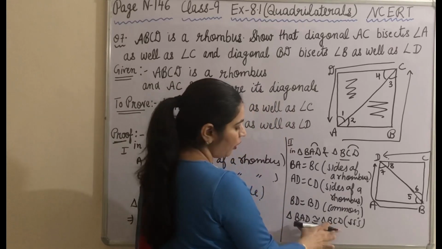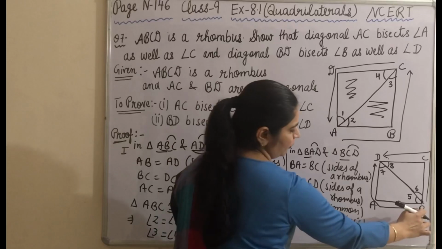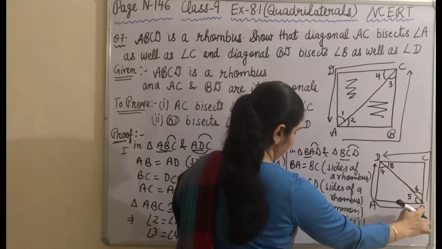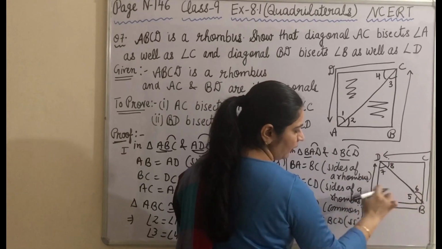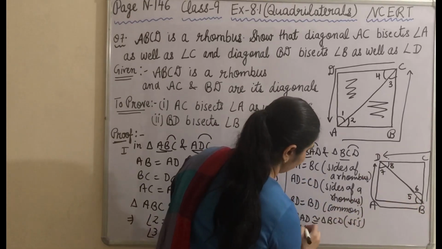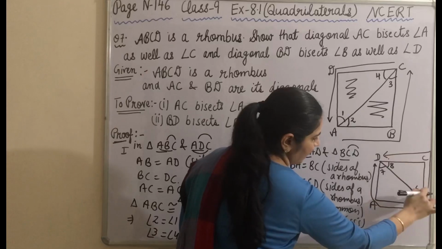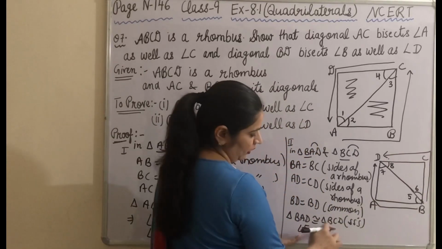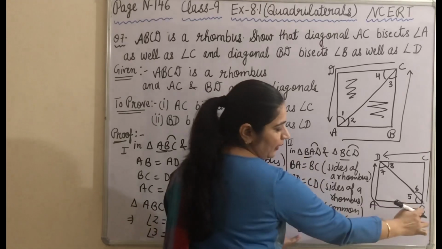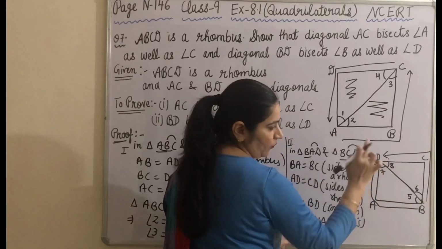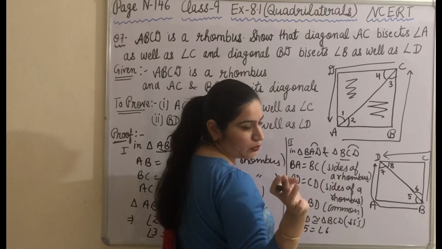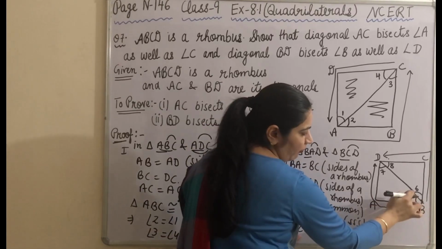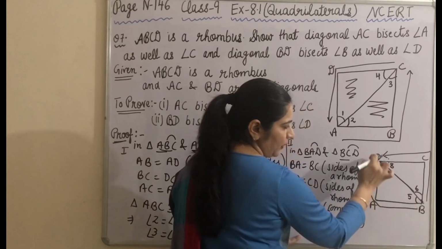When triangles are congruent, we have to be careful while writing the names of the angles. In triangle BAD we have to take angle 5, and in the second triangle is angle 6. If I write 6 here and 5 here, angle 6 is not lying in triangle BAD, then there will definitely be deduction. So be careful while writing the names of the angles. This angle 5 is lying in triangle BAD.